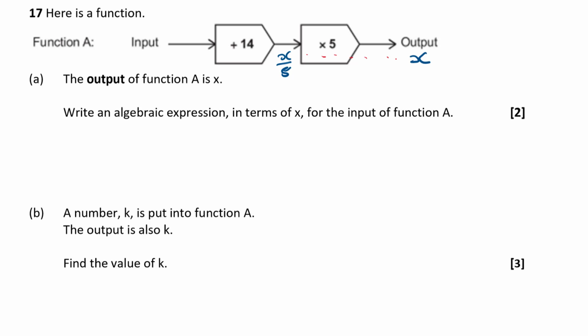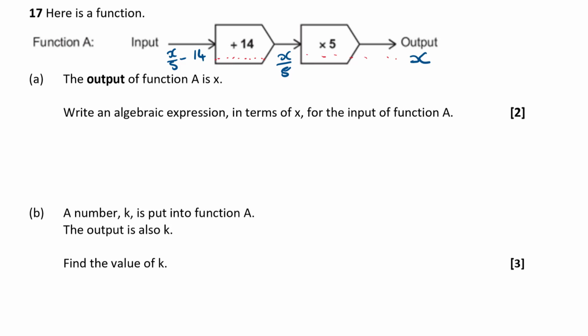And then going backwards through the first box, the plus 14 box, I must have had x over 5 subtract 14, so that when I added the 14 it would cancel out, leaving me with x over 5, and then when I multiplied by 5 I would end up with x.